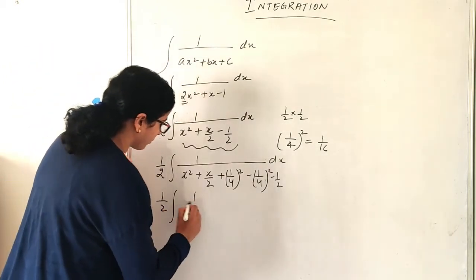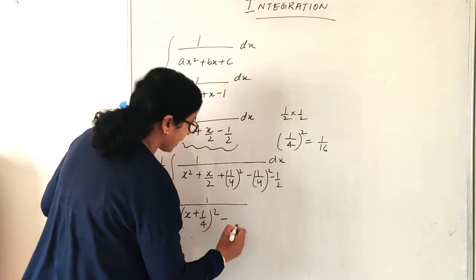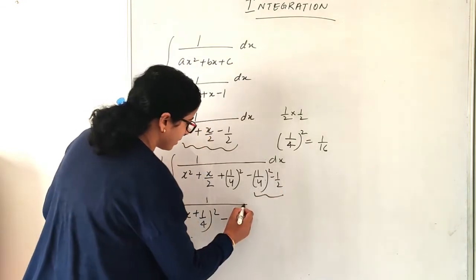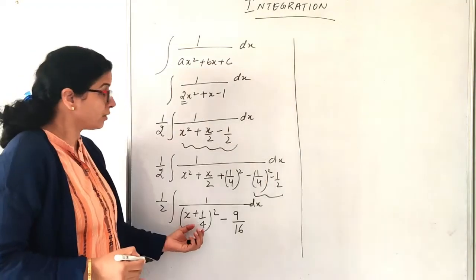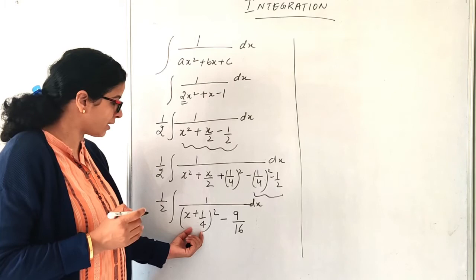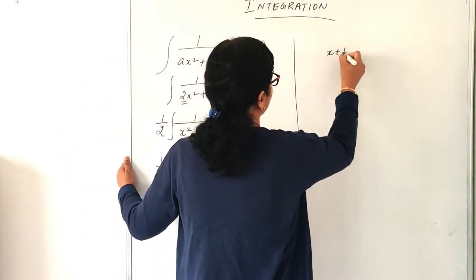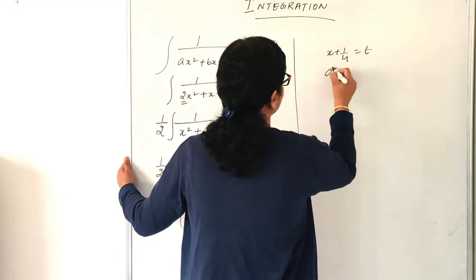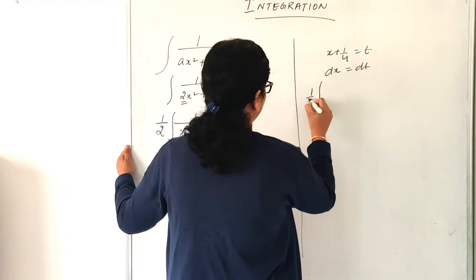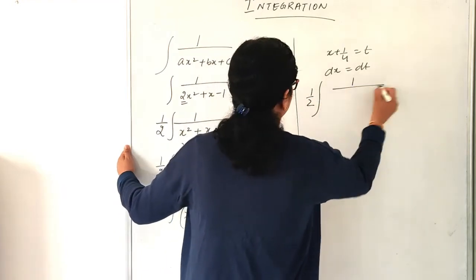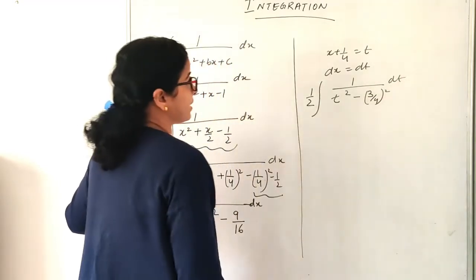So now what I will get? I will get 1 upon x plus 1 by 4 whole square minus, we will solve this part, right? So what I am getting here? 9 by 16 dx. Now please see this. I am getting a form of x square minus a square. You can take x plus 1 by 4 as t, dx is equal to dt. I'll apply here. So I am getting 1 by 2, 1 upon t square minus 3 by 4 whole square dt, right?